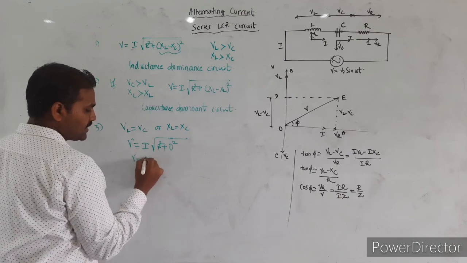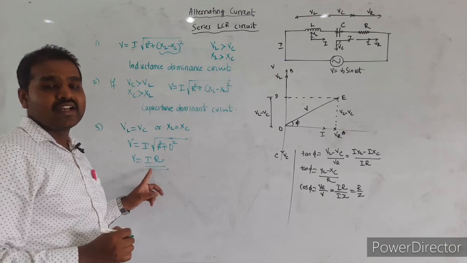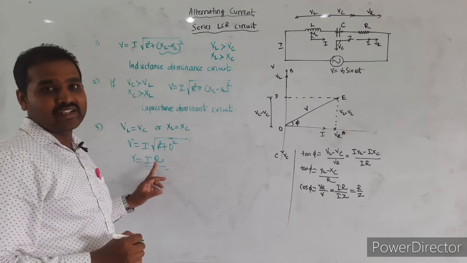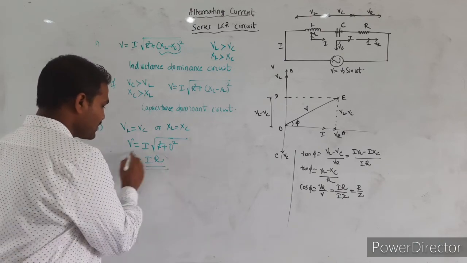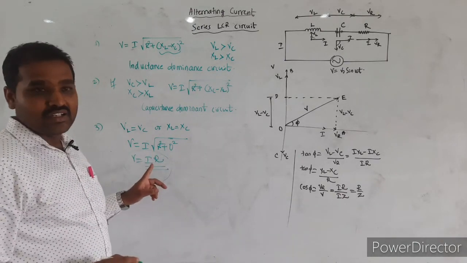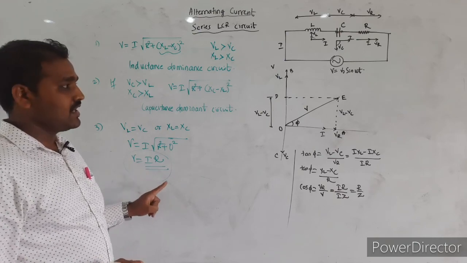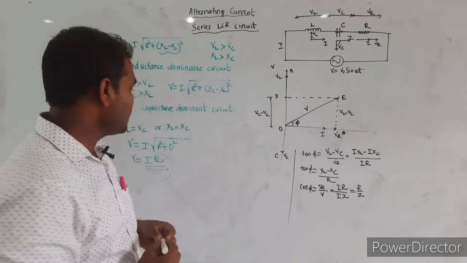So V is equal to I into R. This will act purely as a resistive circuit. Here I do not have any inductance or capacitance. It is as good as an AC circuit which contains a pure resistor. The voltages because of inductor as well as capacitor cancel each other.